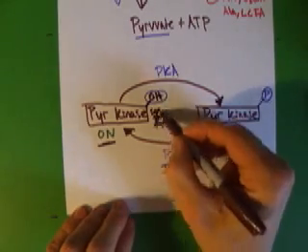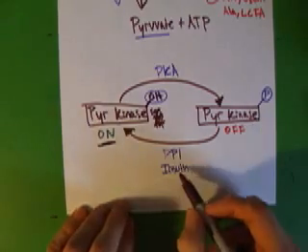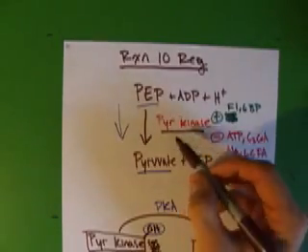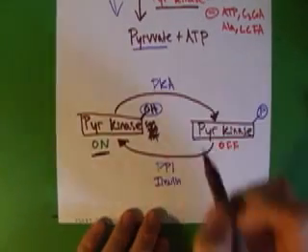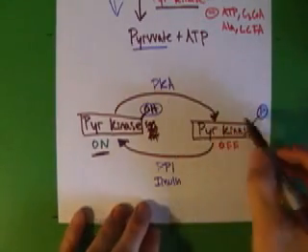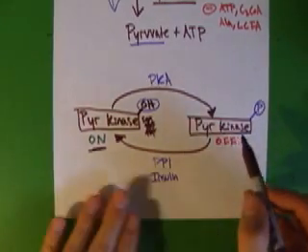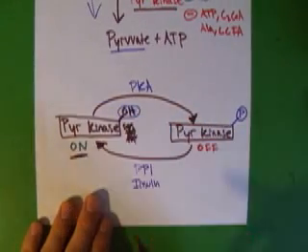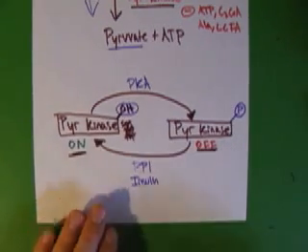The only thing that matters is that it's dephosphorylated and it's on. So insulin speeds up this reaction. It allows glycolysis to continue. PKA from epinephrine or glucagon phosphorylates pyruvate kinase. It attaches the phosphate group to where that OH residue was, and that's what turns it off.